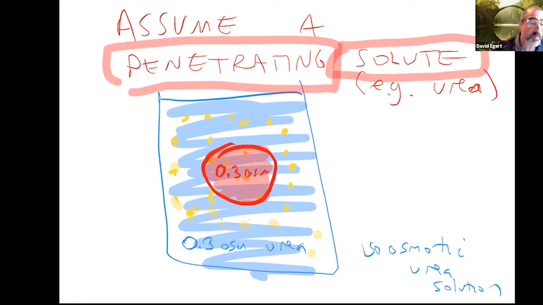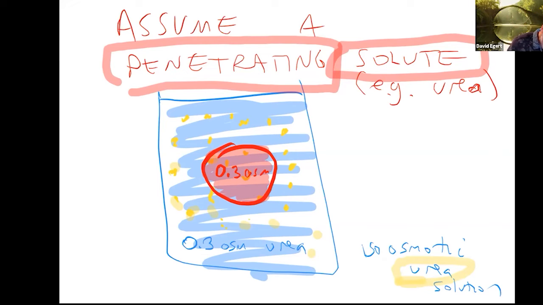So the moment this hits the solution, maybe for a fraction of an instant things are okay, but after the first instant, things are not going to be okay anymore. Because there is not urea inside a cell normally. It's a waste product that you get rid of.